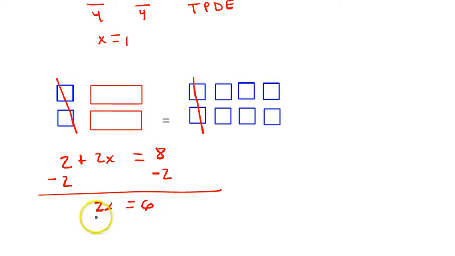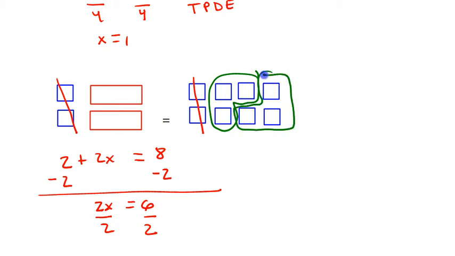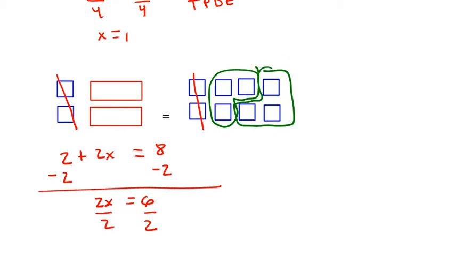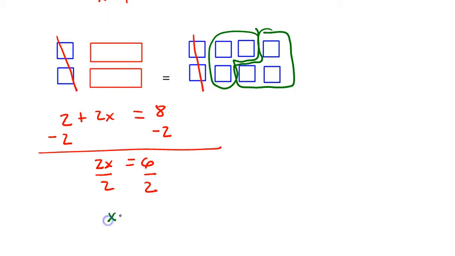Now I need to divide both sides by 2. So I need 2 groups. Here's one. Here's the other. They both have the same number in them. And I end up with x equals 3. So I used my transformation principle of subtraction for equality and my transformation principle of division for equality.